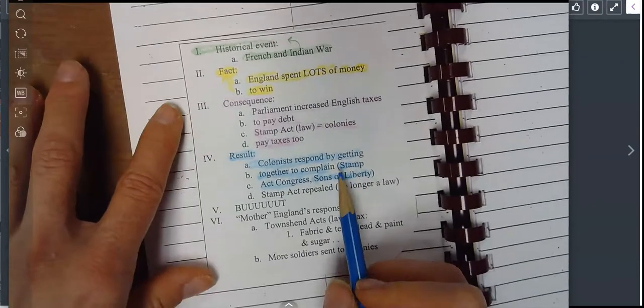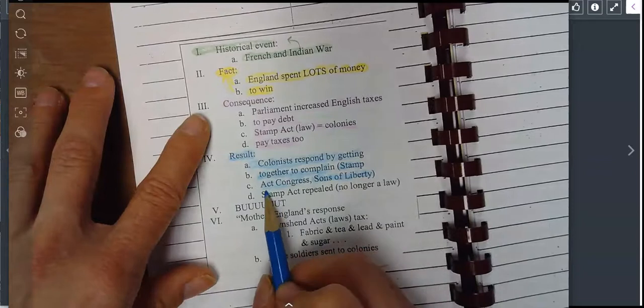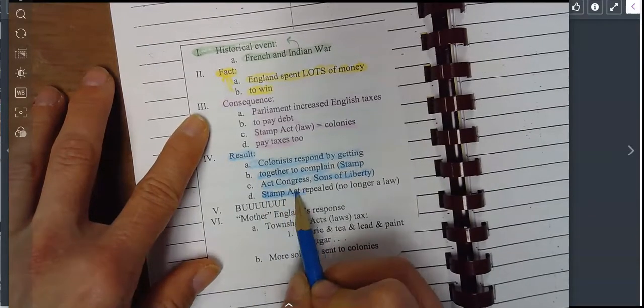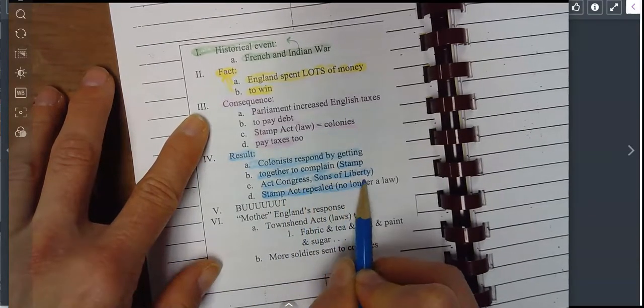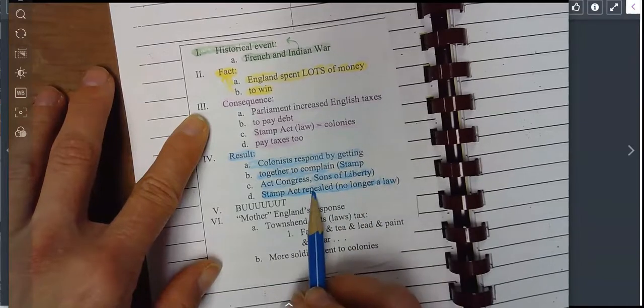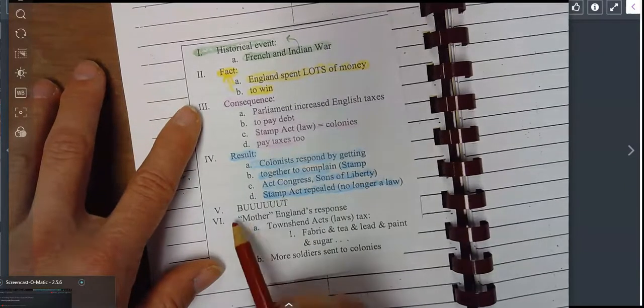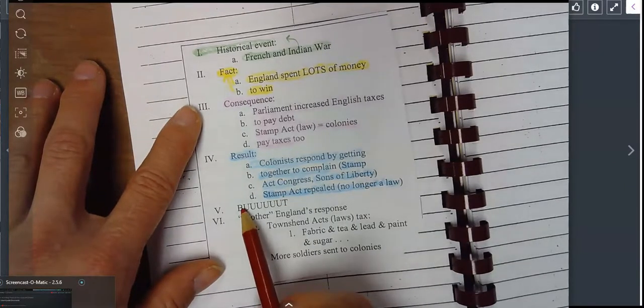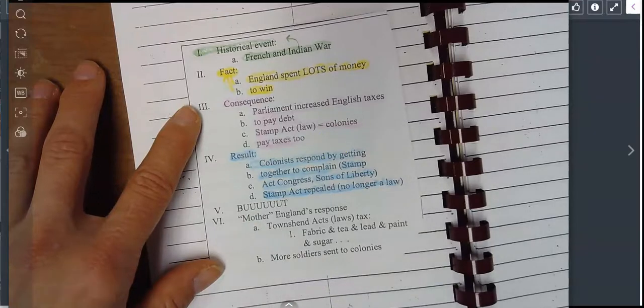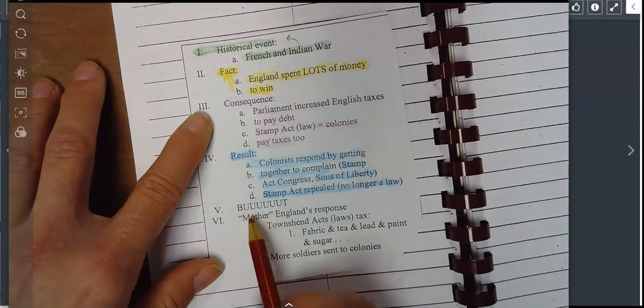They got together and called themselves the Sons of Liberty. Finally, because of those responses, the Stamp Act was repealed. It was no longer a law. But there's not really any details about this, so we're not going to color that.